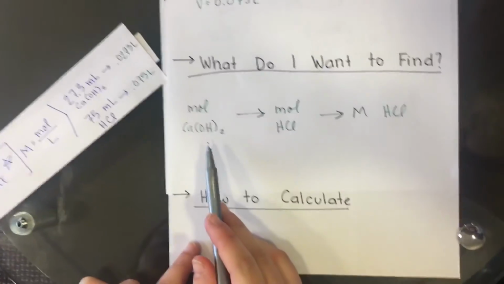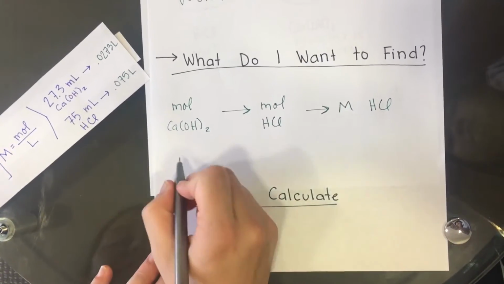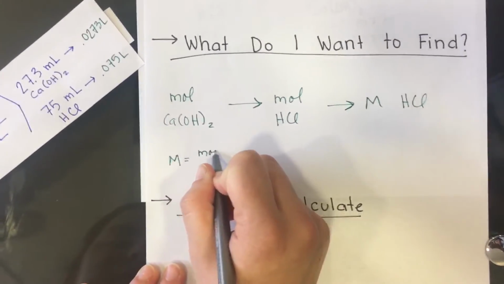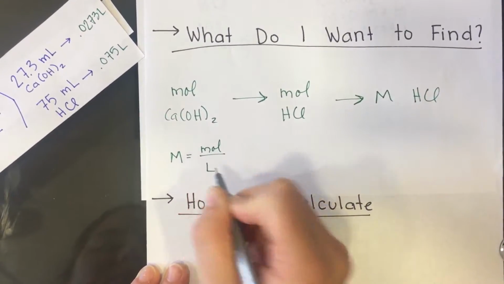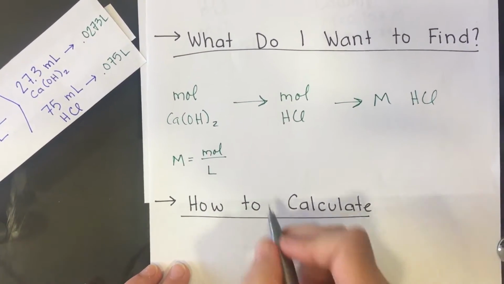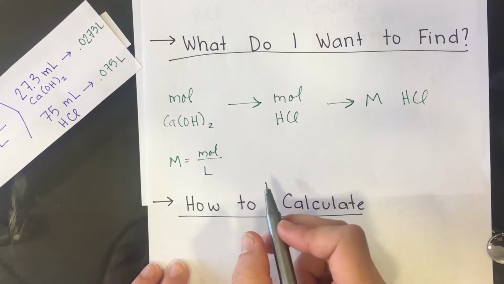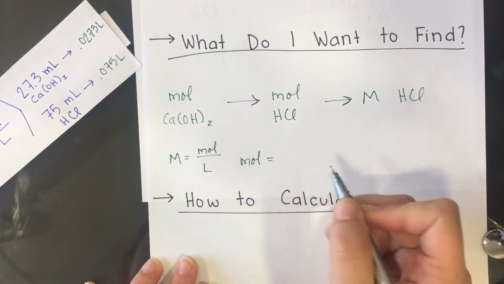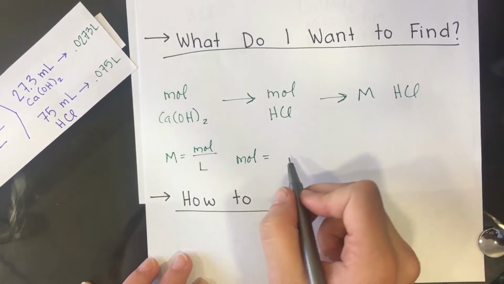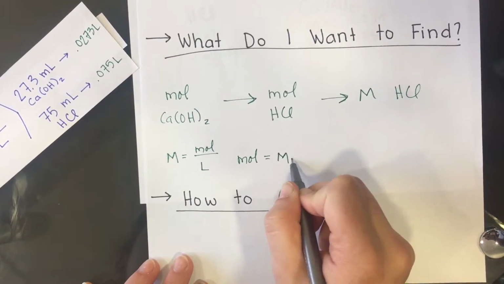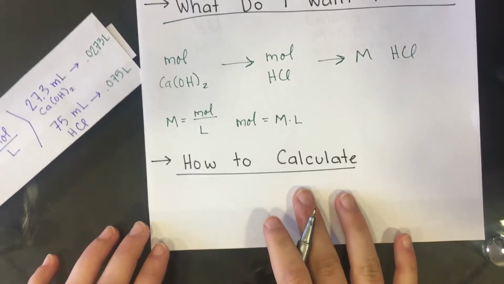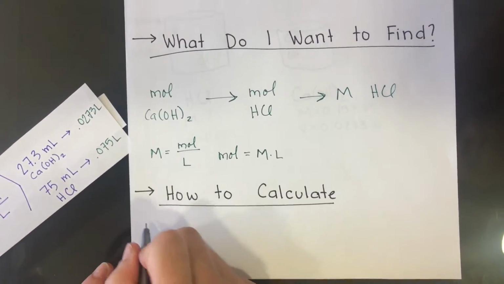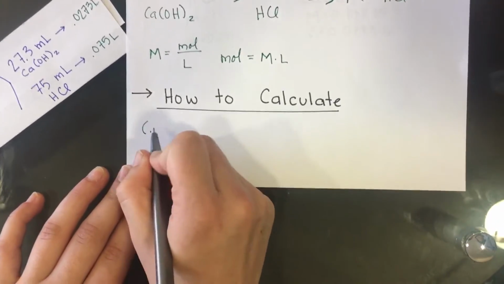Now, to find the moles of calcium hydroxide, we can use the equation that molarity is equal to moles over liters. Whenever we rearrange this equation, we find that moles of calcium hydroxide equals molarity times liters. So let's calculate.